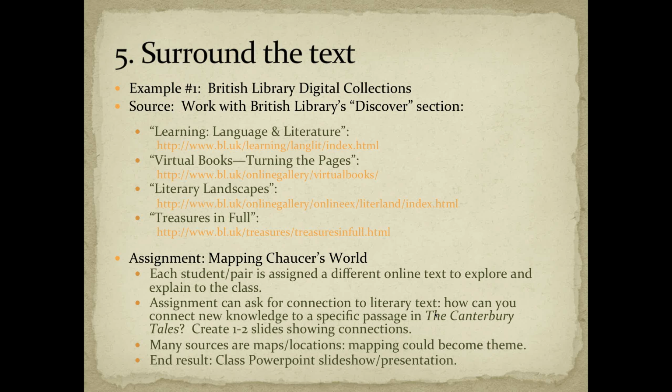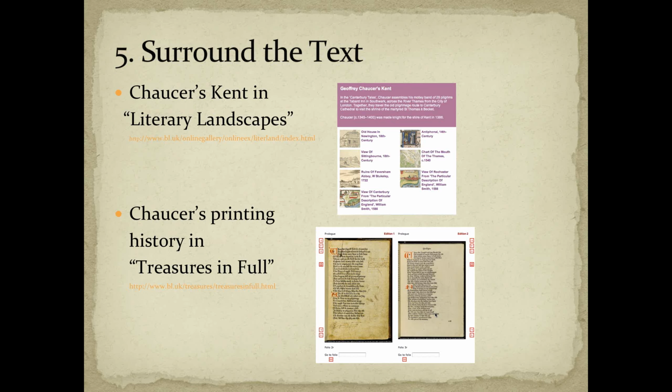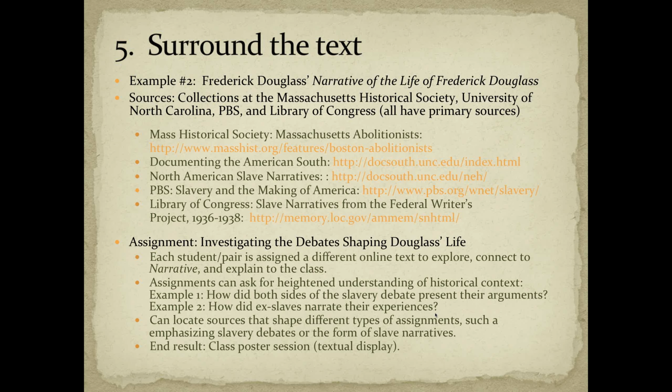We've looked at some of the maps that they put right up for Chaucer so that students can start to imagine the world of Chaucer. So these are some of the materials. I've just taken some screenshots right off of sites from the British Library that you can imagine surrounding Chaucer with this information.